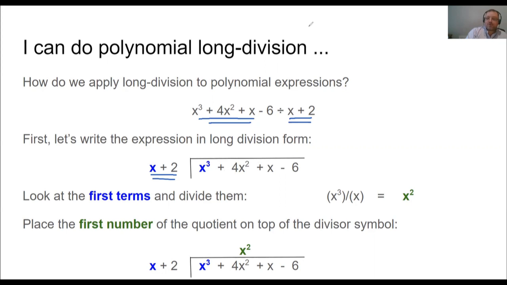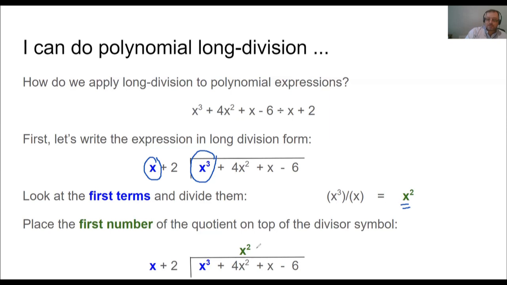By basic division, what I mean is I'm first looking at this first term here, this x cubed, and I'm trying to figure out how many times x can go into x cubed. So x cubed divided by x is x squared. Okay? X cubed divided by x is x squared.